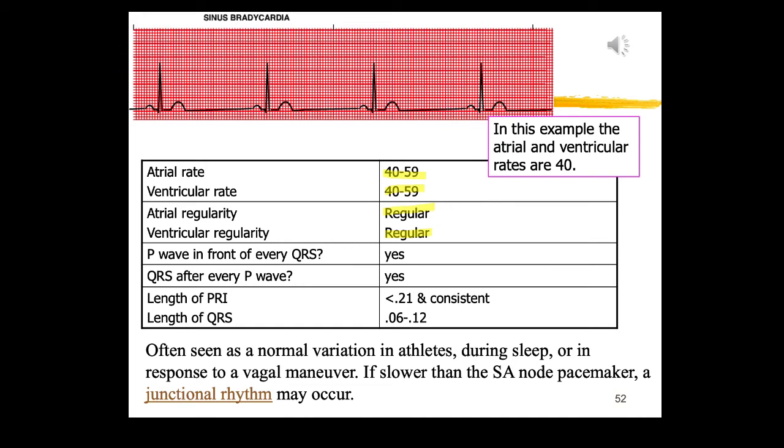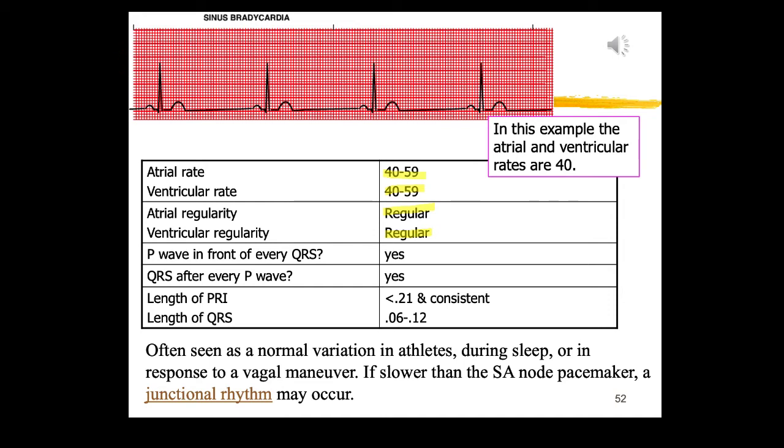There's a QRS for every P wave. The PR interval is less than 0.21 and consistent, and the length of the QRS complex is 0.12 or less. In this particular example, the atrial and ventricular rates are 40. There are 4 P waves in the 6 seconds, and there are 4 R waves in the 6 seconds.